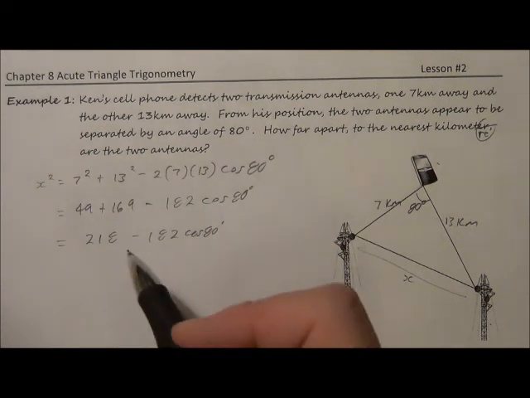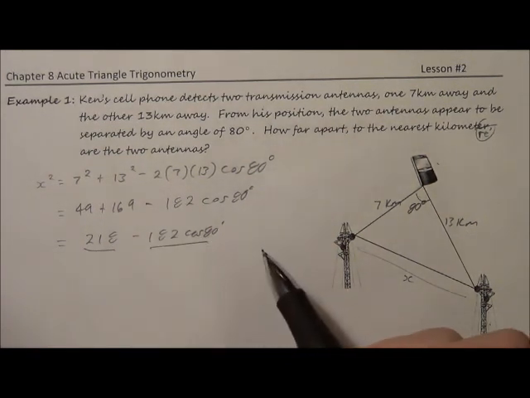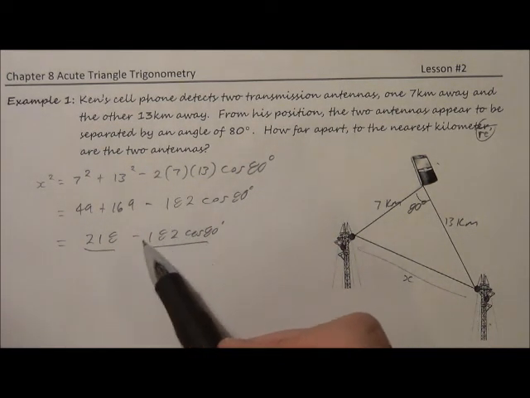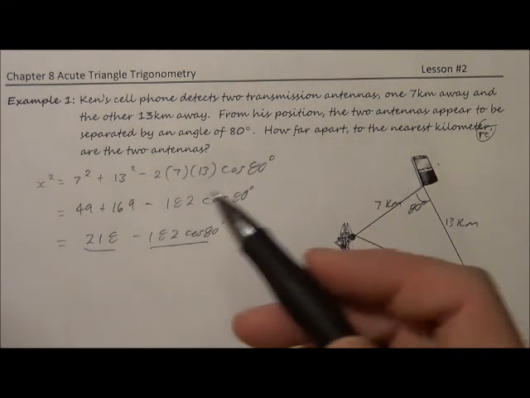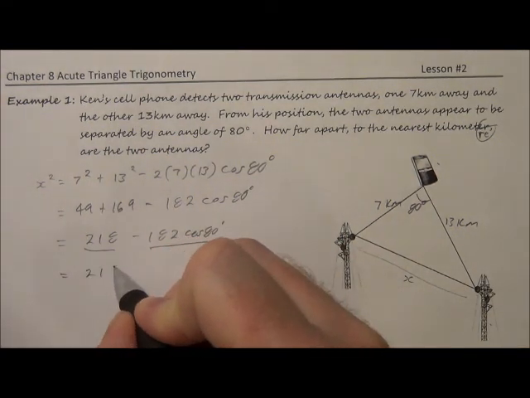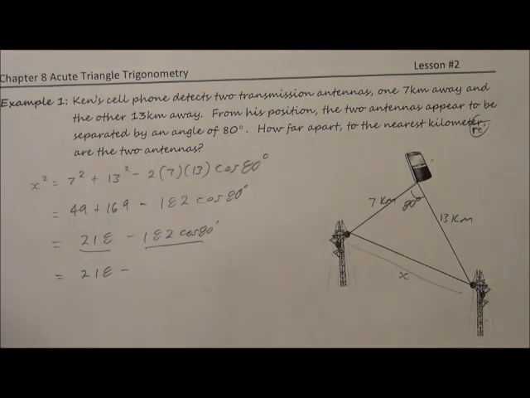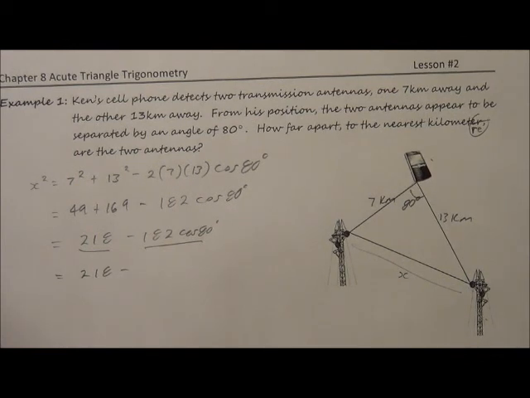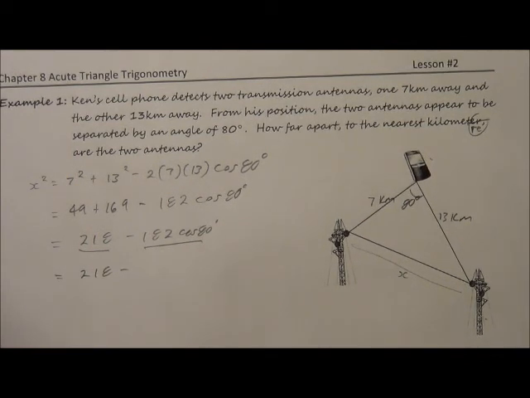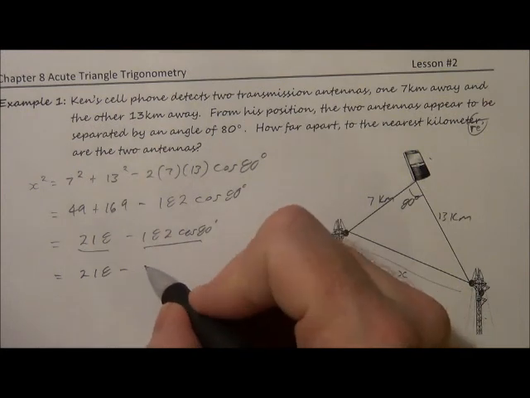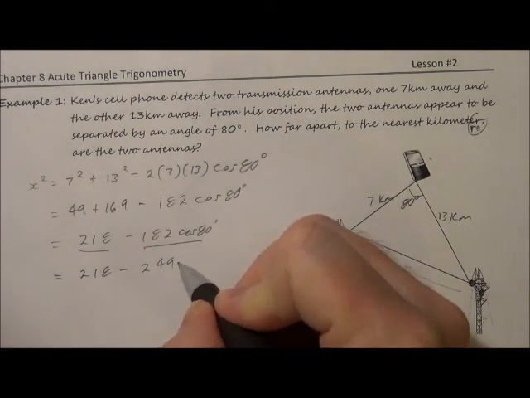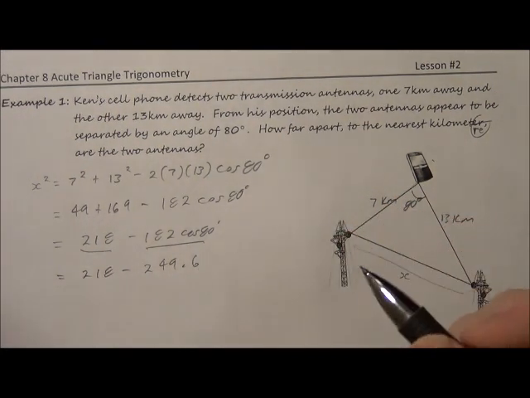So these are two complete terms here. We have to make sure that we calculate this first before we subtract from 218. So do the cosine of 80 and multiply by 182. So we get 249.6.